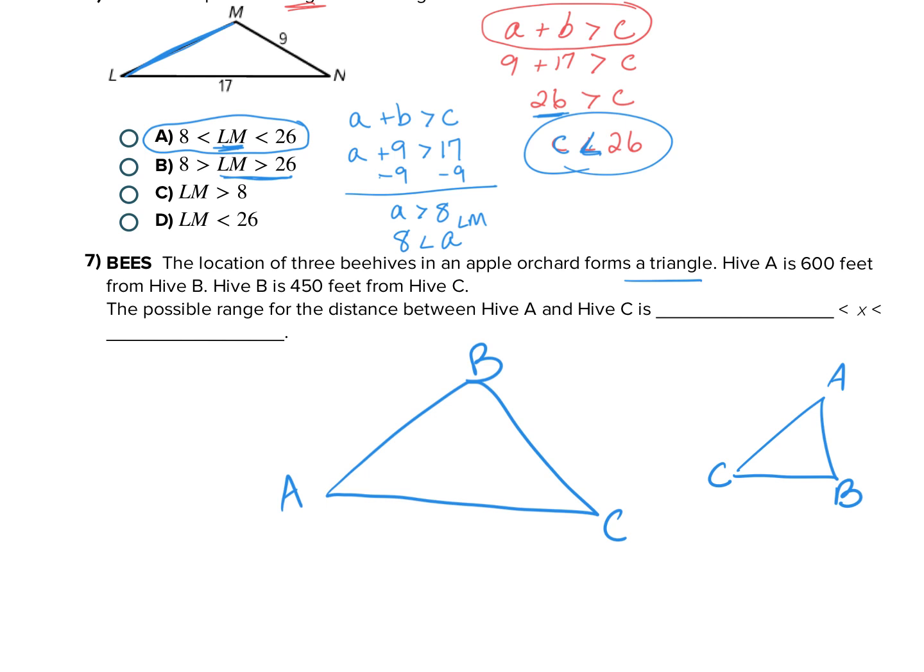So it says that hive A is 600 feet from hive B. So that means the distance between hive A and hive B is 600 feet. And hive B is 450 feet from hive C. So this is 450.